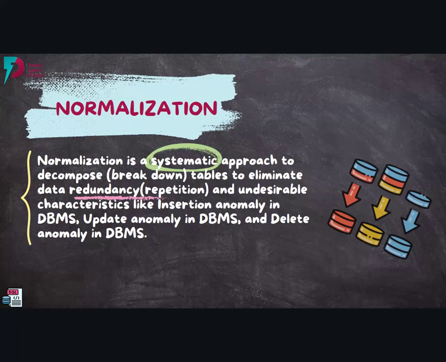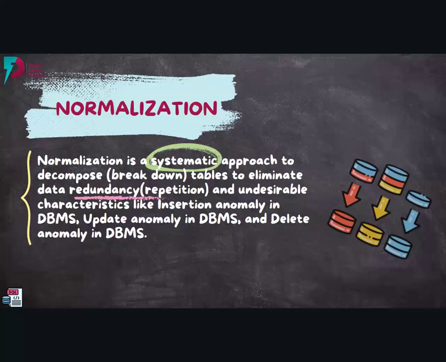Okay, I know this is the right definition going by books, but there's a definition that I usually use that I find to be quite easy to remember. So if you are noting somewhere, please write that we can say that normalization is the process of organizing data within a database to eliminate data anomalies.